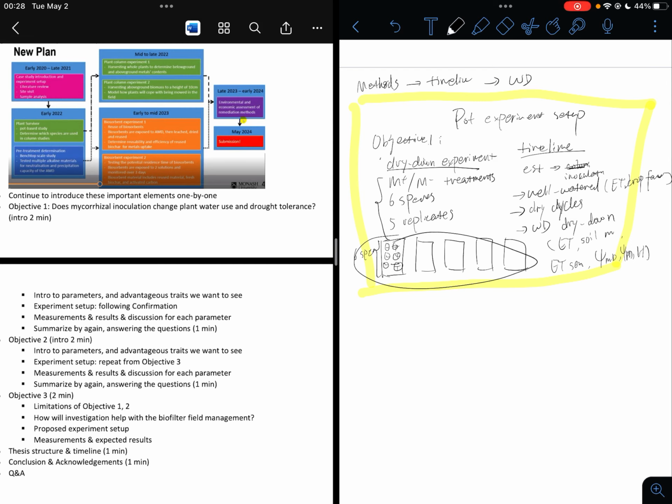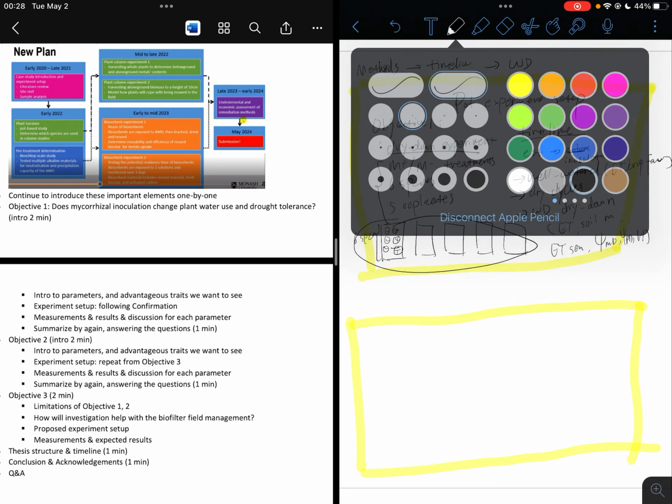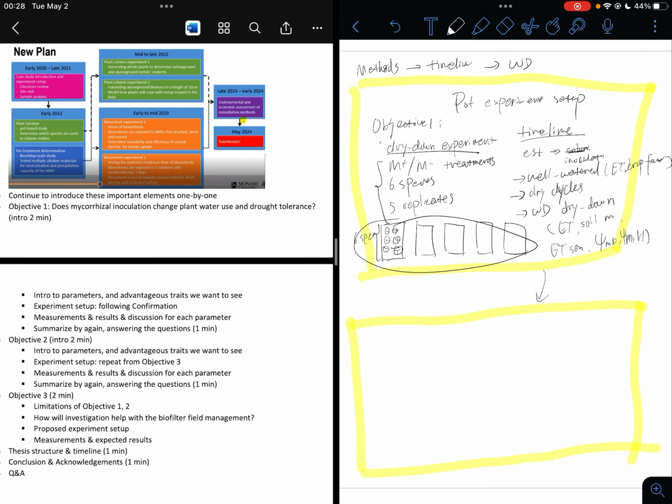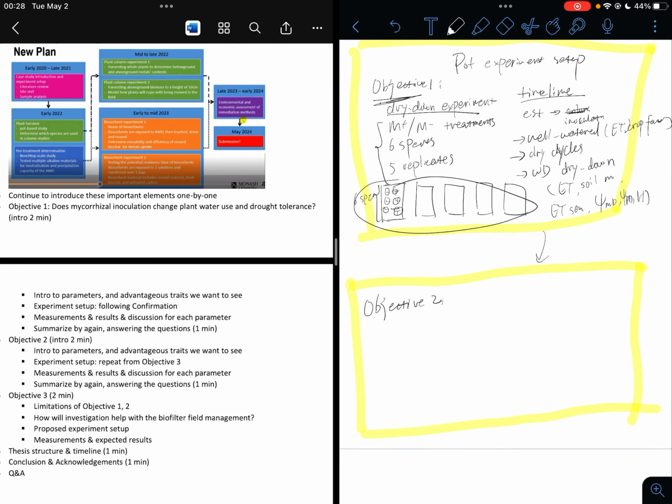I do think it's useful to go through that whole objective 2 again, because objective 2 is basically a replicate of objective 1, right? So that connects here, and then basically just change objective 1 to objective 2. You would use the same thing, so just copy and paste the whole thing here.